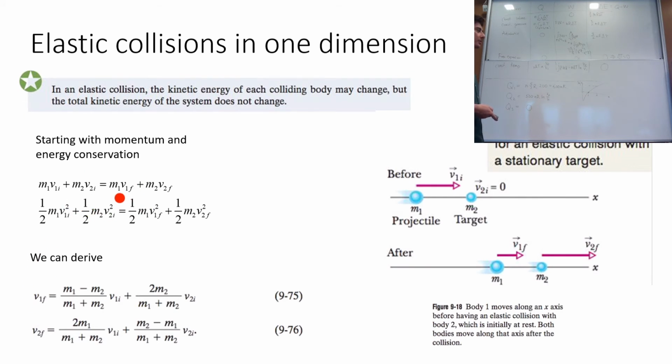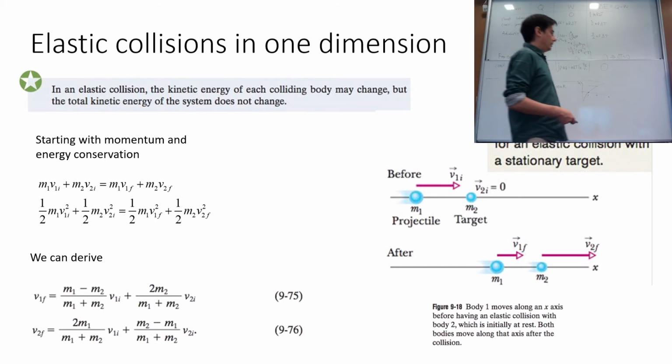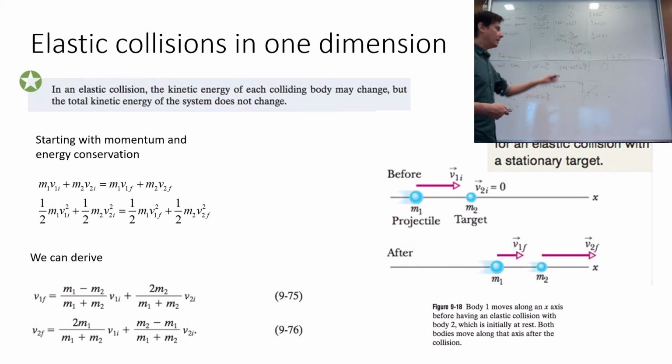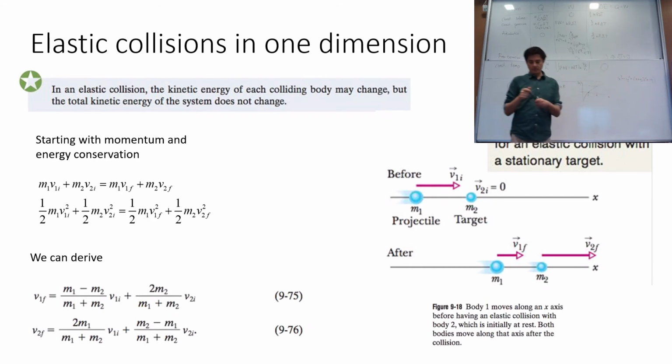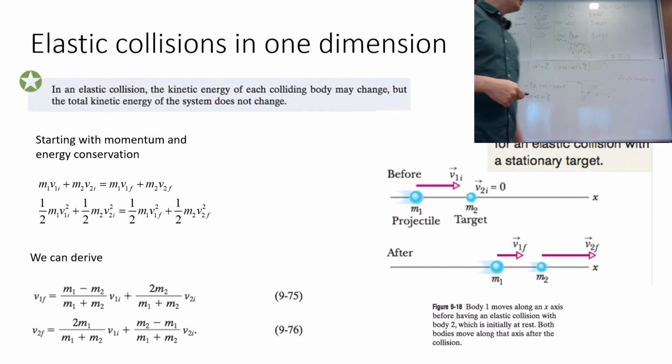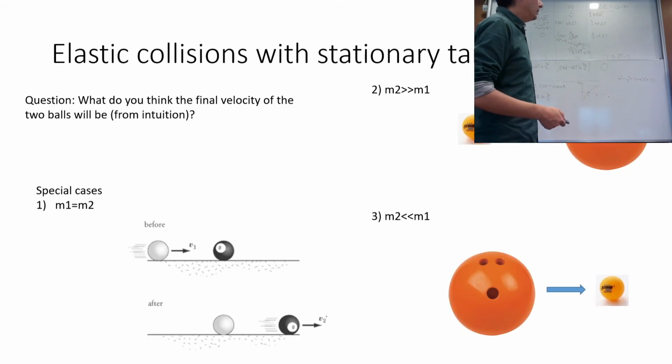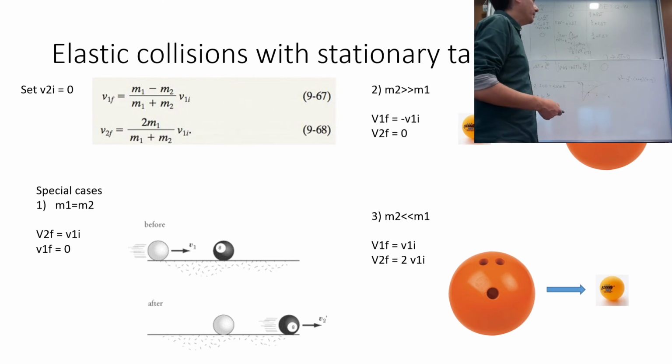This is just algebra to get from here to here, so you might like to know the steps. There are a couple of mathematical steps used, like the difference of squares. You should be able to identify the difference of squares and then perform that algebra. And then, manipulating these two equations, you get these two results, and then applying them.